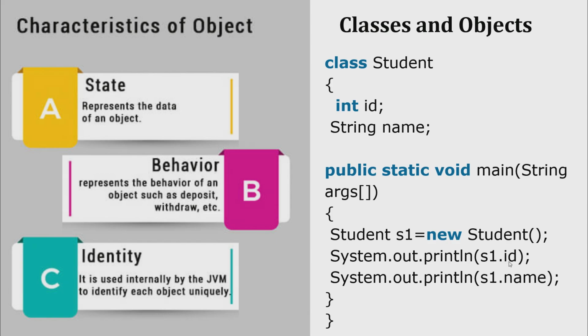System.out.println(s1.id) will print the id which we have declared. If we have stored any value within this variable, it will get displayed. System.out.println(s1.name): the name given in this field will get displayed here.